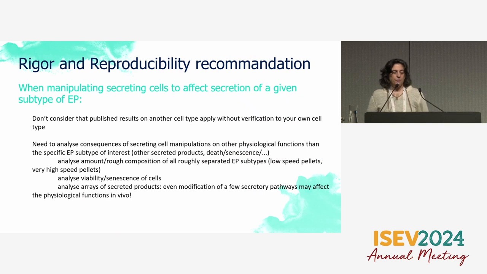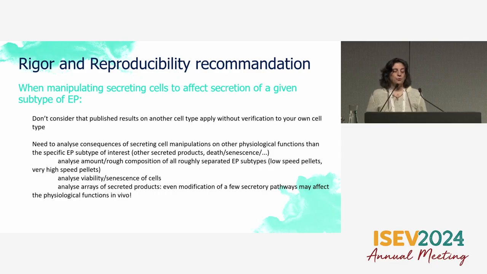In terms of rigor and reproducibility, the recommendations are that when you manipulate secreting cells to affect the secretion of a given subtype of EV, first of all, do not assume that results published by other groups on other cells or other models will apply to your own model without double-checking, because every cell behaves differently.